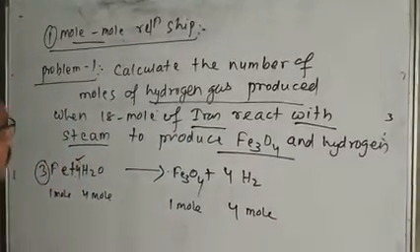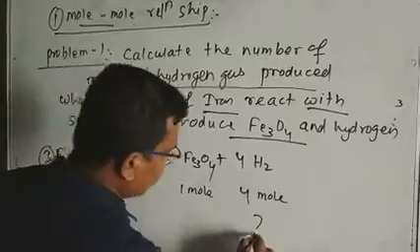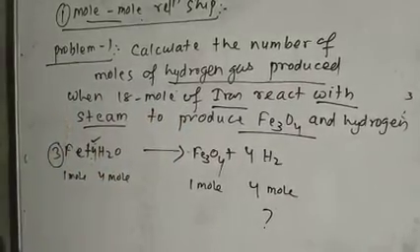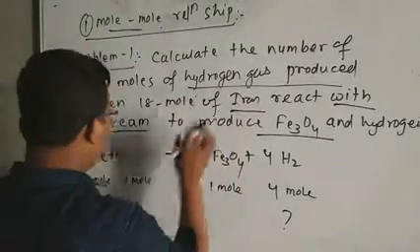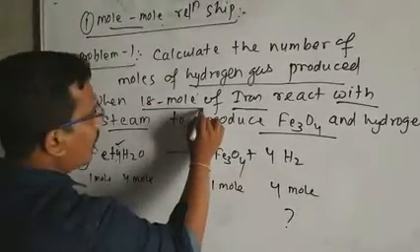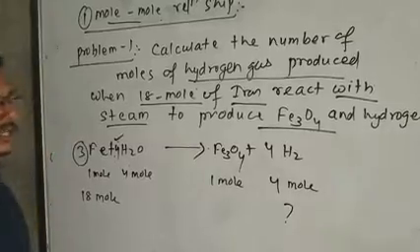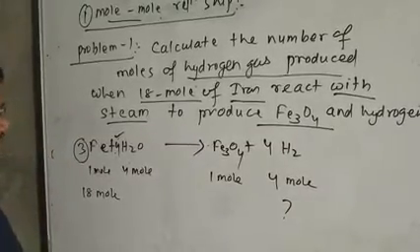Then what is the question? Calculate the number of moles of hydrogen. That is the question asked. What is given? 18 mole of iron. In this question, 18 mole of iron is given, and we can find out the moles of hydrogen. That is our aim.